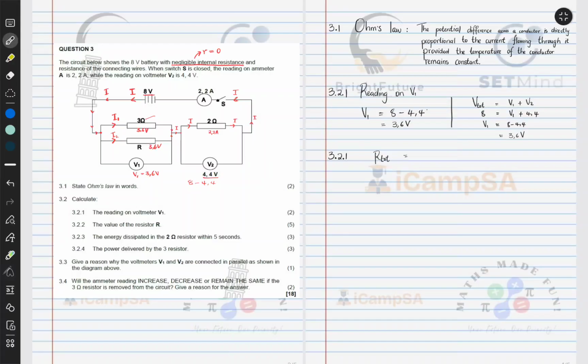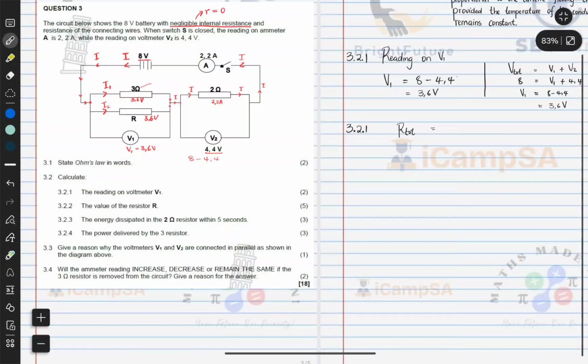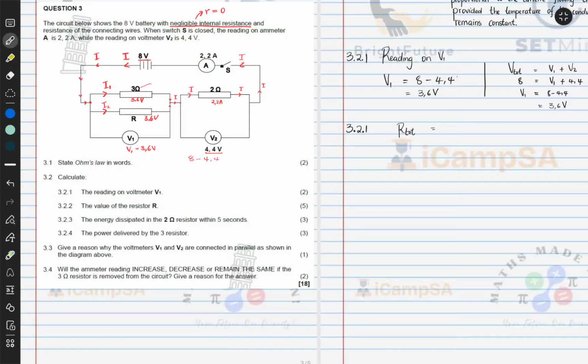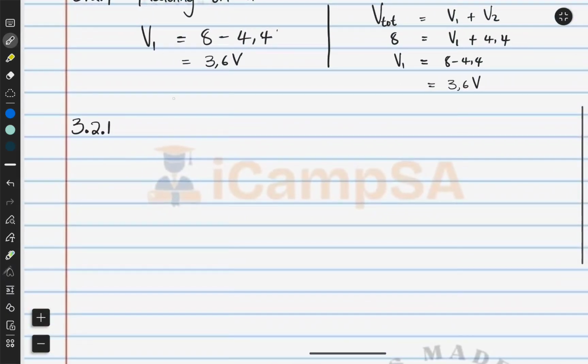So here you would have pretty much two options. Both of them would require you to use mathematics, right? So let's check it out. If you remember, we have the total current, being 2.2 amps, right?